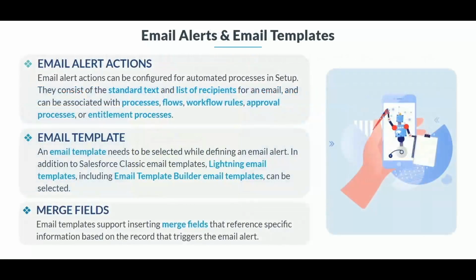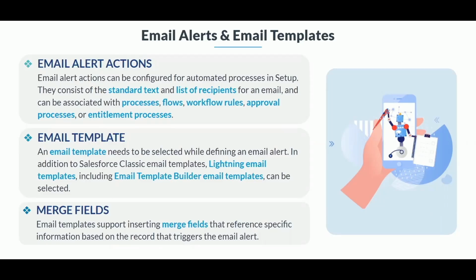Now, all 4 automation processes can send automated emails. And automated emails come in 2 flavors. One type is called an email alert, which we'll show you in a little more detail. And this is an action that's defined through setup and requires the creation of an email template and an email alert. Workflows, approval processes, and process builders can only send email alerts.